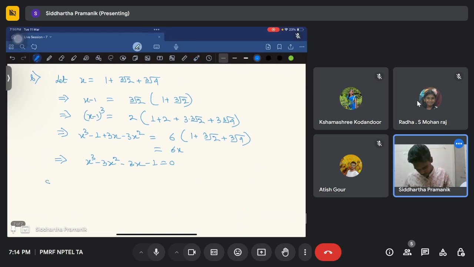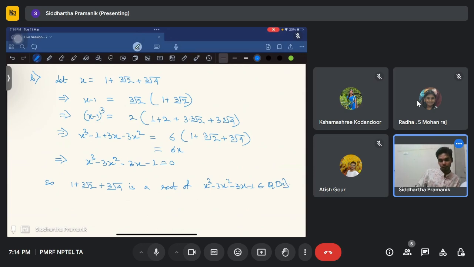So 1 plus cube root of 2 plus cube root of 4 is a root of x cube minus 3x square minus 3x minus 1, which belongs to Q of x. Since the constant term is 1, we cannot use Eisenstein's criteria here, right? So how do we check whether it is irreducible or not?